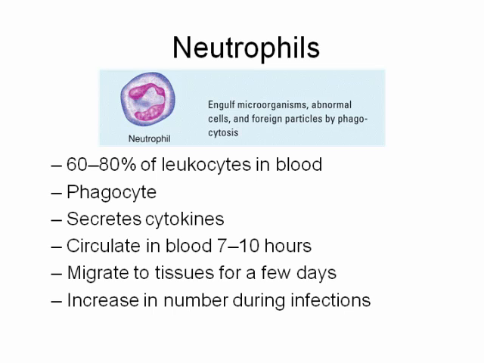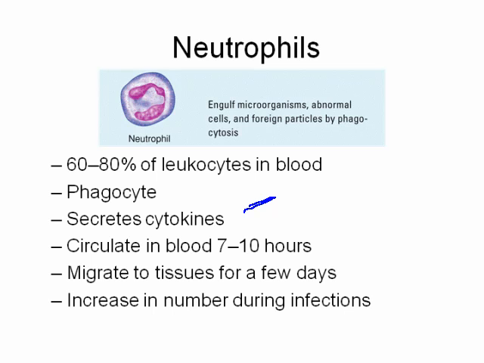So neutrophils represent the largest proportion of leukocytes, that is 60 to 80%. They act as phagocytes, that is, they help to engulf microorganisms, abnormal cells, foreign particles, and destroy them. That is, they digest whatever it is that they engulf.